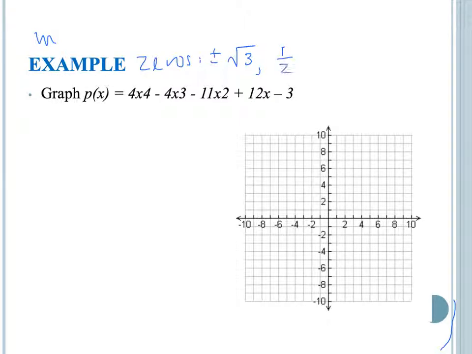one-half with multiplicity 2. So if we take a look at what that does on our graph paper, plus or minus the square root of 3 is approximately, it's not exactly, but it's in between positive 1 and 2, and negative 1 and negative 2, and having it at 1/2 is about in there.